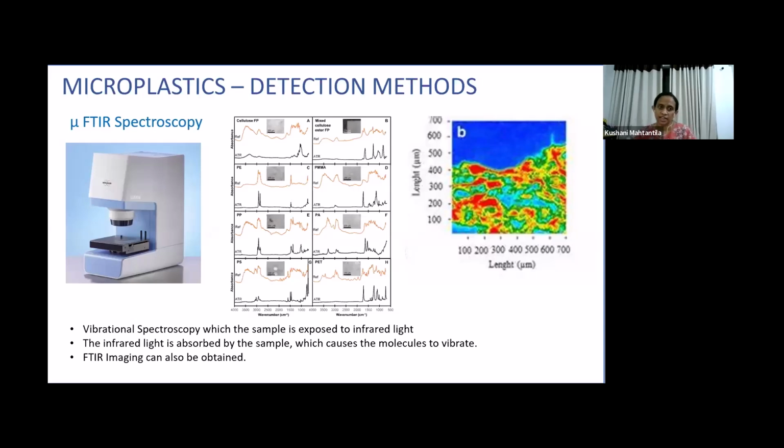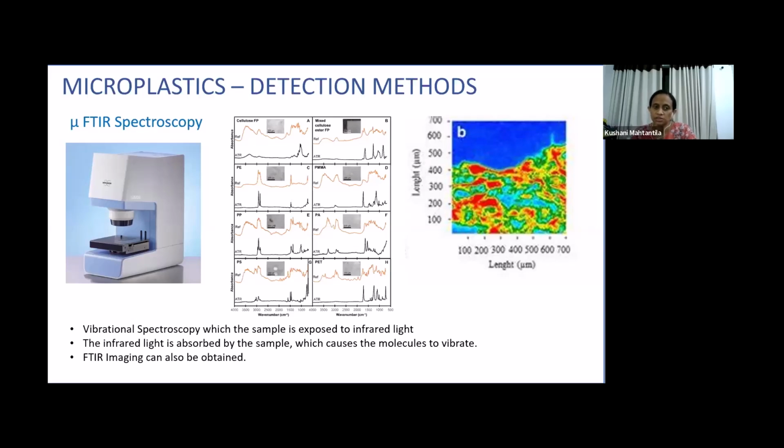The micro FTIR, here we use the 400 to 4000 wavenumber level energies. That energy is used for the vibrations of the molecules. The vibrations of the molecules are specific to the specific bonds, and with those bonds we identify the type of polymer.